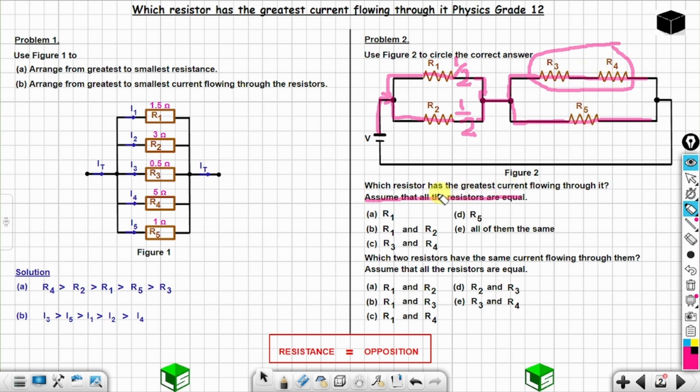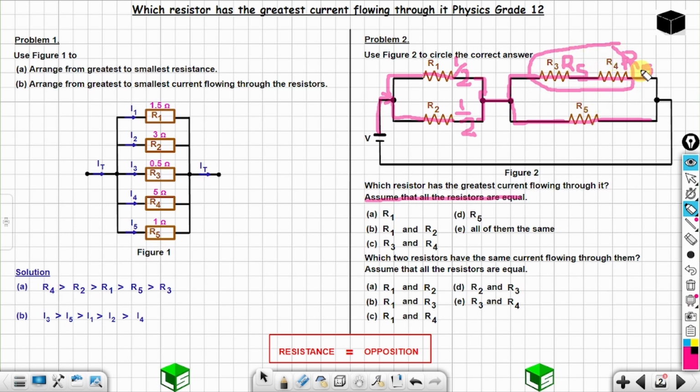Remember, you are told all the resistors are equal, they are all identical. So you can change this to R5, and this you also change to R5, because they are all the same. You want to have R3 and R4 in terms of R5 so that you can compare.